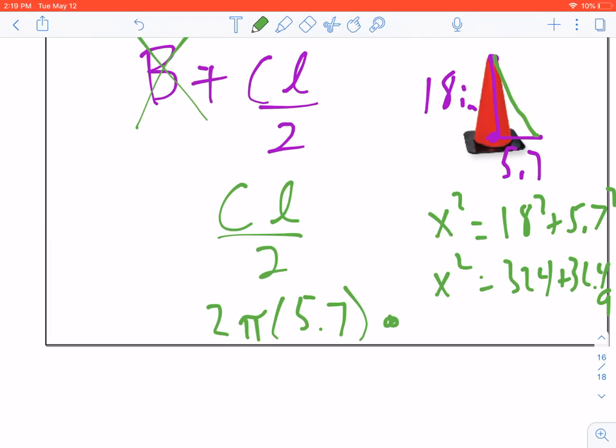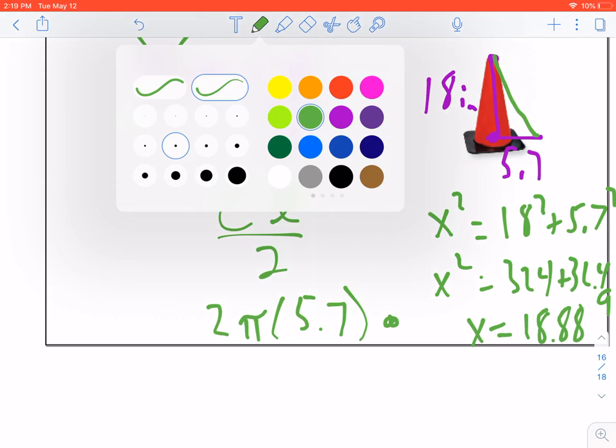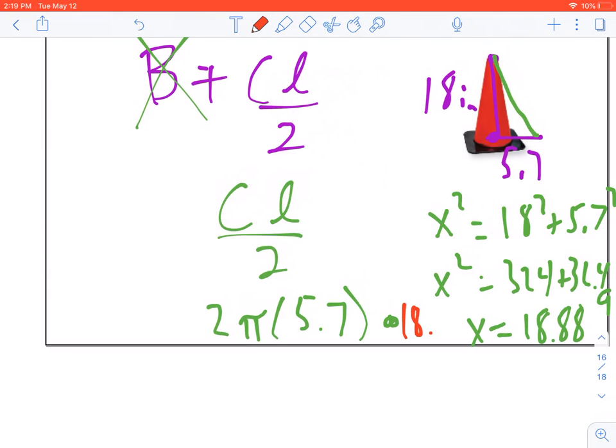We get 356.49, and then I want to take the square root of that answer. So we get our x to be 18.88. So there's our slant height then. So 2 times pi times 5.7 is our circumference, times that slant height of 18.88 divided by 2.